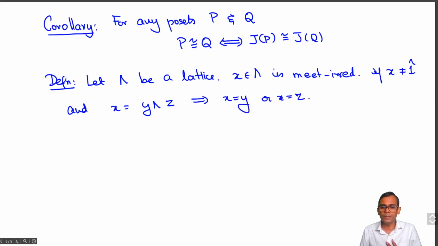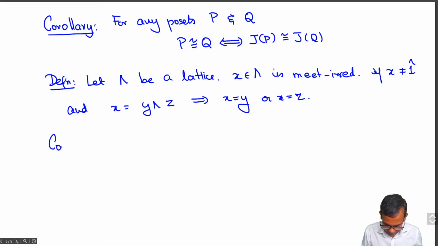So it's a dual notion of join irreducible, in the sense that the meet irreducible elements of the opposite of the lattice lambda are the join irreducible elements of the lattice lambda. It's just the notion obtained by reversing the signs in the partially ordered set.